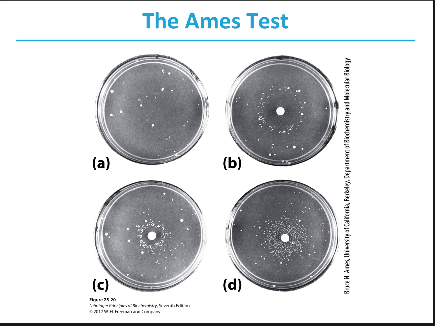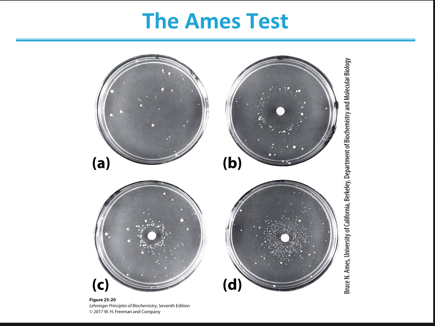This indicates that the substance you're looking at is indeed a mutagen. Of all the currently known carcinogens, about 90% of them are mutagenic in the Ames test, so it seems to be a fairly robust assay.